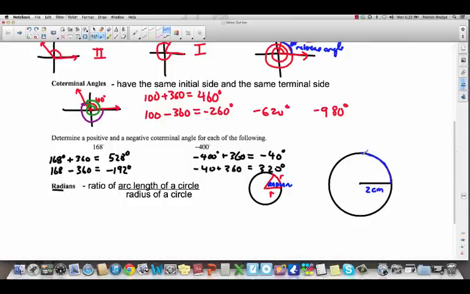Let's say I continued going around here, and I went all the way to 4. How many radians is that angle right there? That angle is 4, the arc length, divided by 2. This is 2 radians right there. That's the idea of radians. It's a comparison between arc length and the radius of a circle.